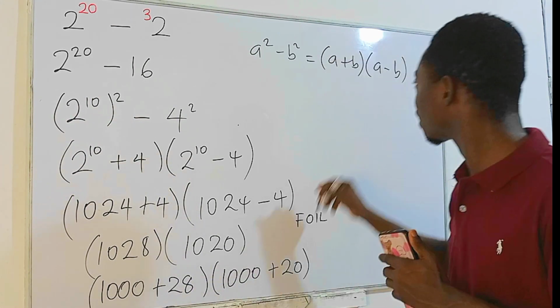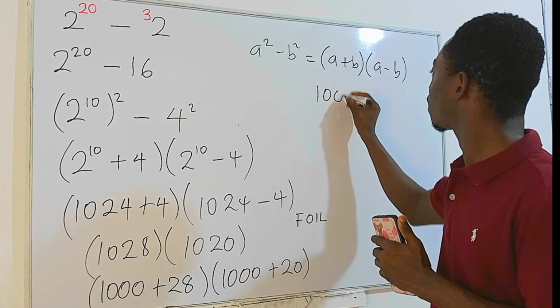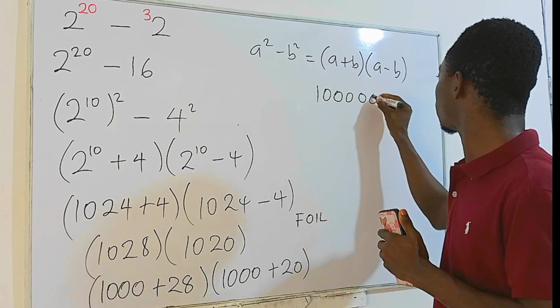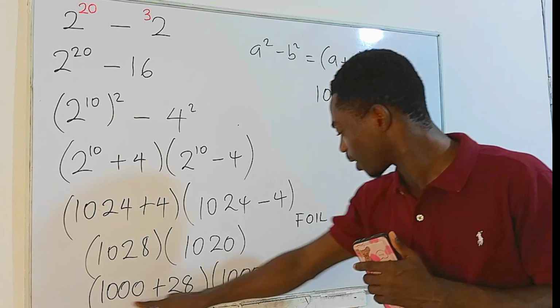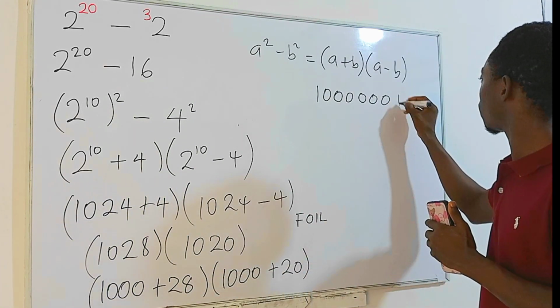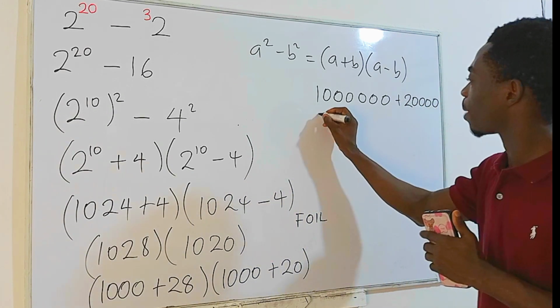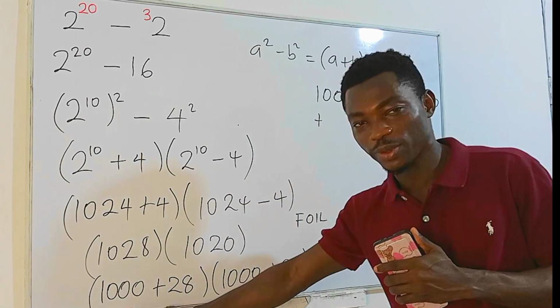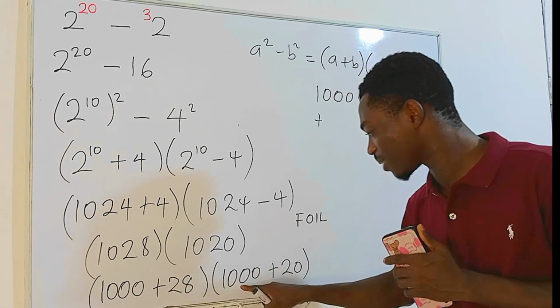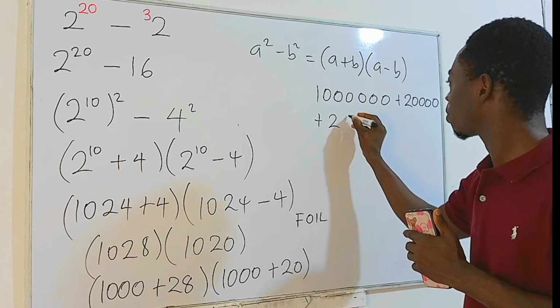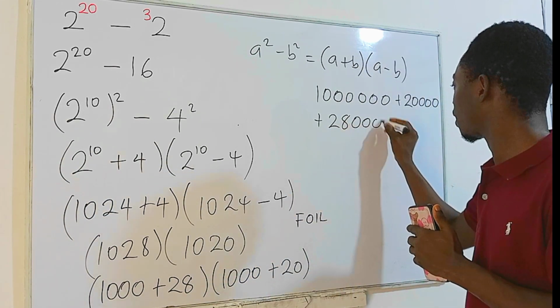1000 times 1000, that is obviously 1 million. Then 1000 times 20, that is going to be 20,000. Then plus, we are done distributing this. 28 times 1000, that is 28,000.